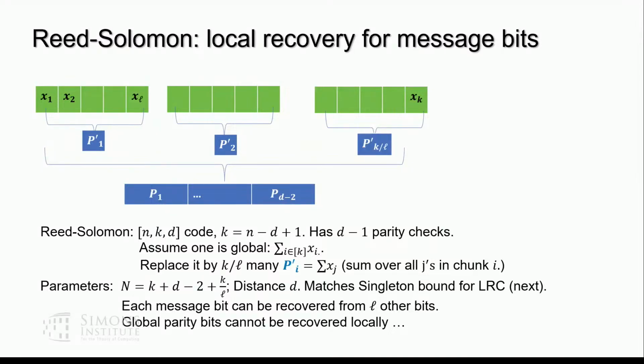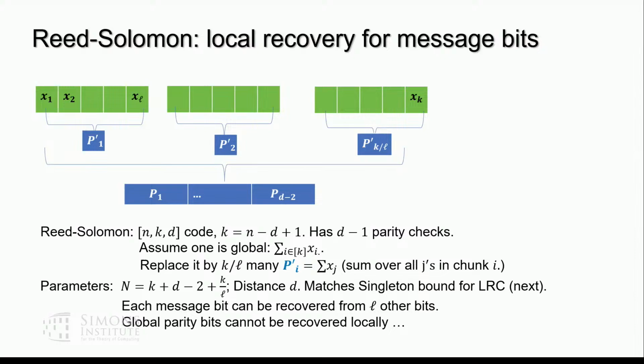We start with a Reed-Solomon code, an [N,K,D] code. It has D-1 parity checks, since N is K+D-1, it's an MDS code. Now assume that one of these parities is a global parity, in the sense that it's the XOR of every single bit.